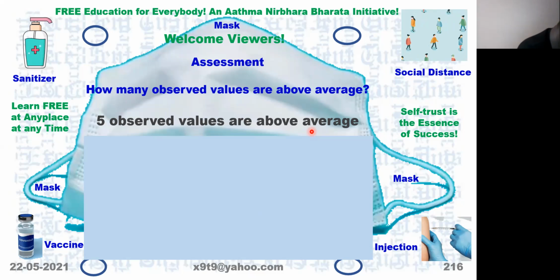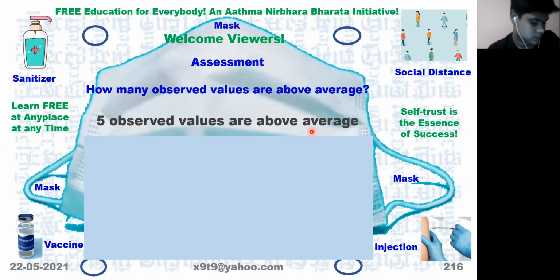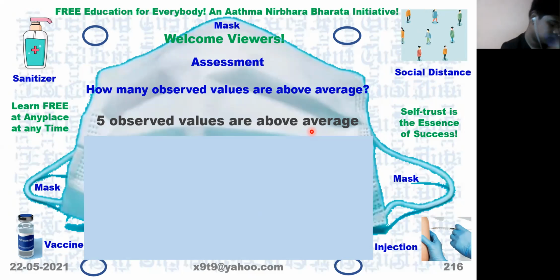So like this, any problem is given, you'll be able to calculate between them. For example, what is the number of observed values between x bar minus 2 sigma and x bar plus sigma? 32 and 5. 9, sir.